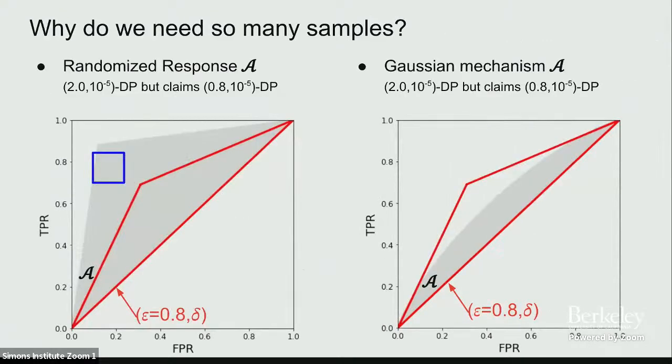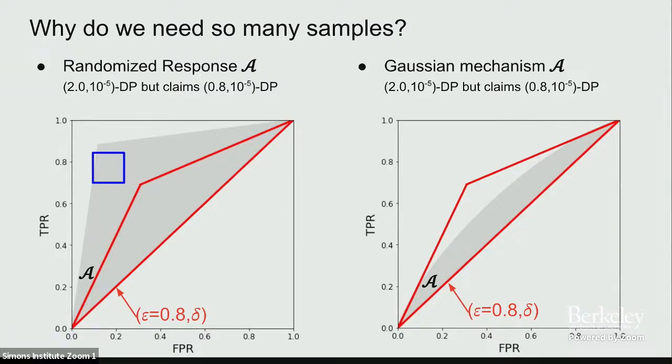So for instance, if it was a randomized response that achieves 2.10⁻⁵ DP, but they're claiming that, say, it's 0.8, then this box can be wide. It's okay. If you look at the region of a randomized response here, if I could find a canary in this point here, a strong, good counterexample, if this box is wide enough, it's good enough for me to refute that claim.